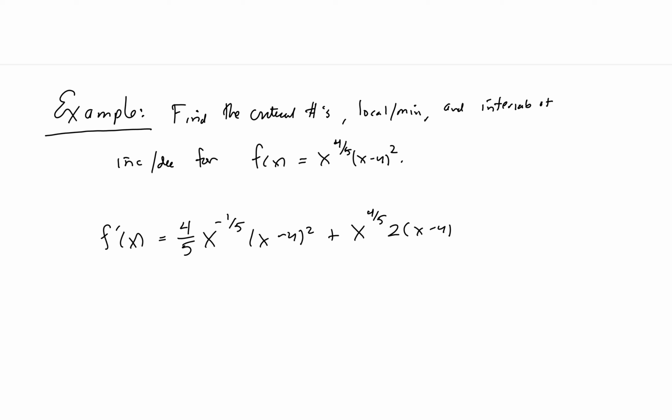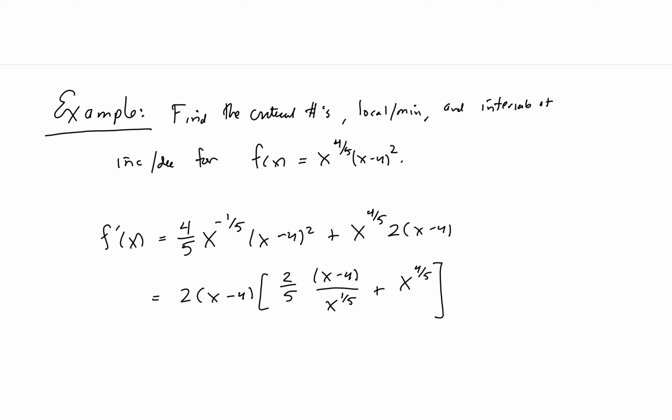Now the first thing to note is we can factor a 2(x minus 4) out of both terms. And I'll be left with 2(x minus 4), and I'll have 2/5 over x to the 1/5, so we're going to put this x to the 1/5 in the denominator, plus, and then I have x to the 4/5 left over here.